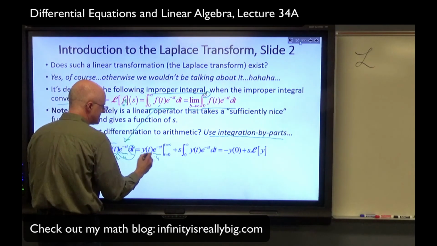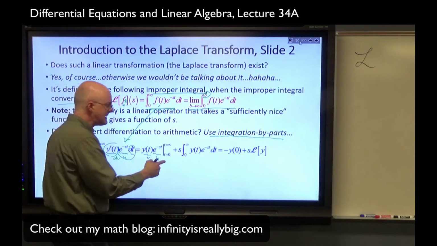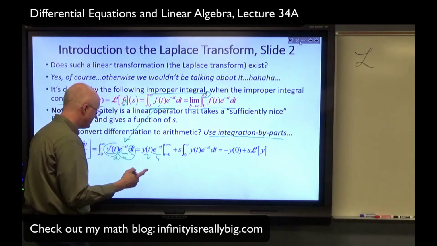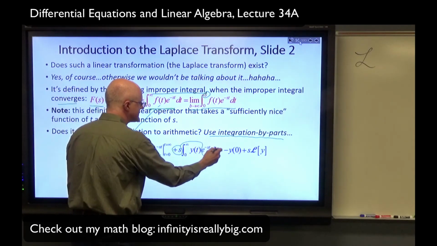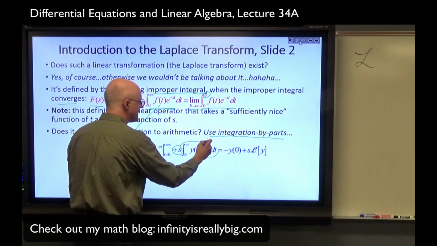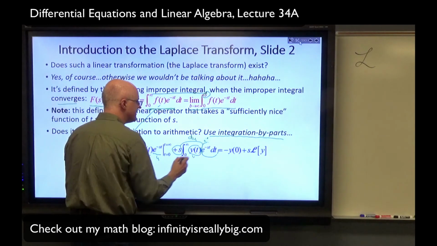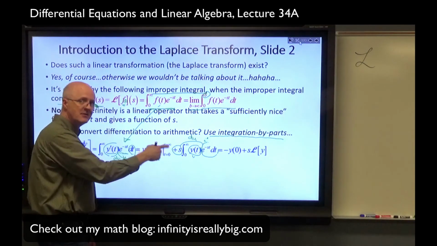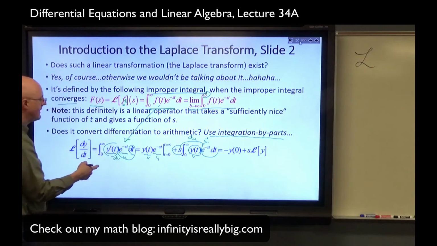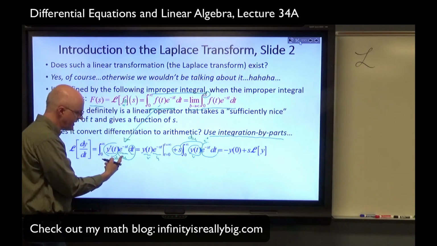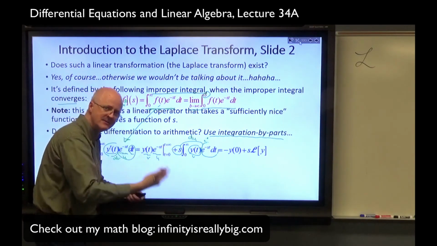This is u, this is v, u times v minus the integral of v times du, plus s e to the negative s t dt, that's the du, and y of t, that's the v. uv minus the integral of v du involves a negative sign from differentiating this, but in the integration by parts we subtract there, so the negative signs combine to give a plus.